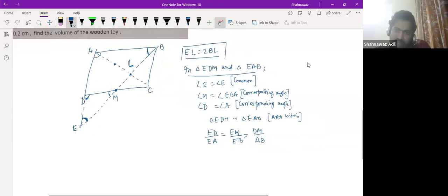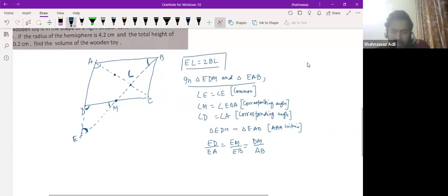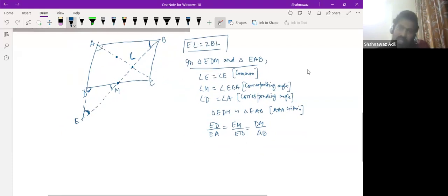So what was the purpose of this? Can you guys tell me? Do you see any important thing in this one?